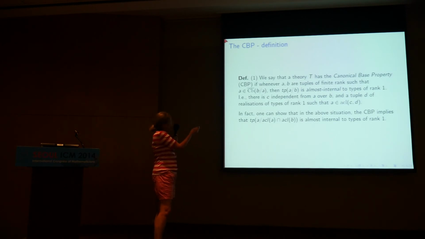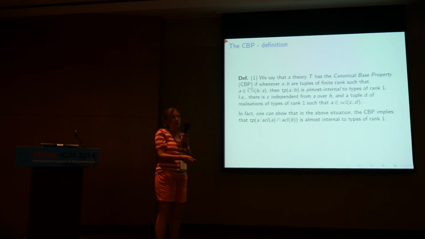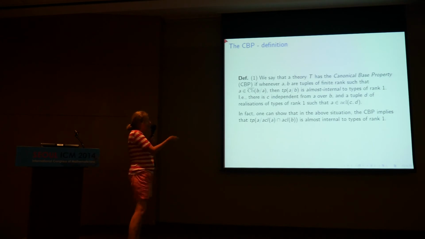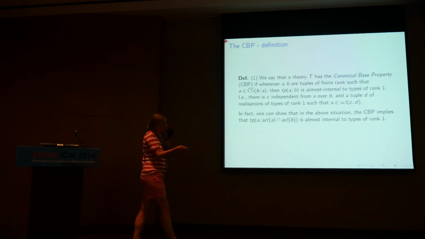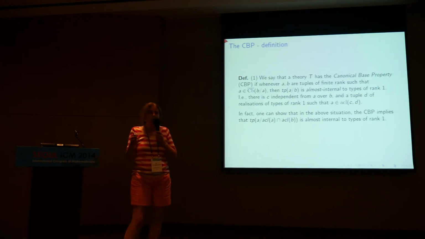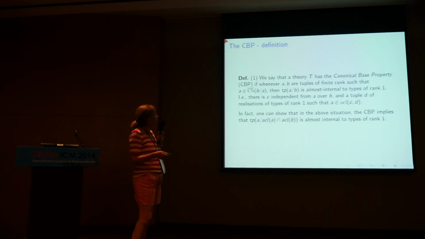And the canonical base property tells you that the type of A over B, if you look at the difference variety in terms of A over B, should be almost internal to fixed sigma. In other words, it is going to be isomorphic to the fixed sigma rational points of some algebraic variety, let's say in characteristic 0.